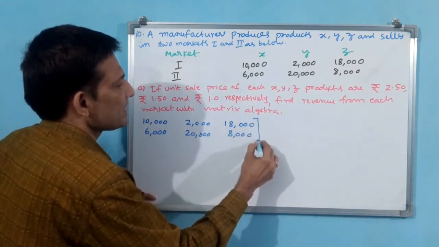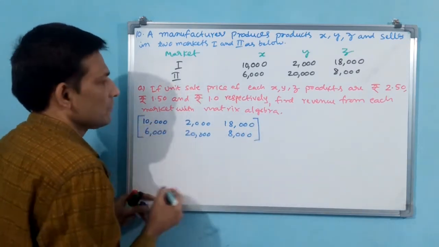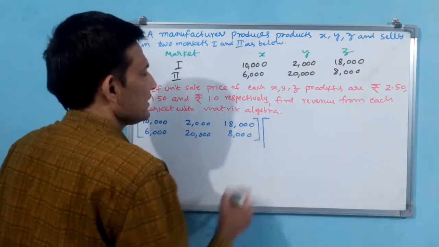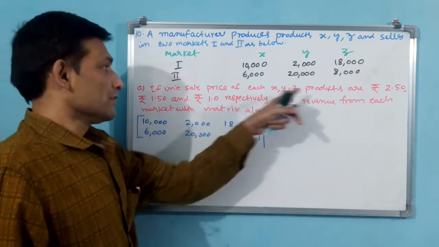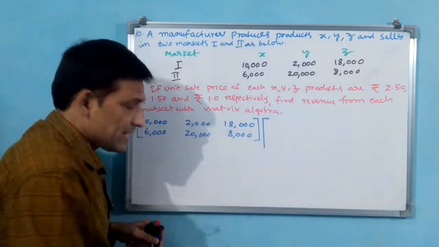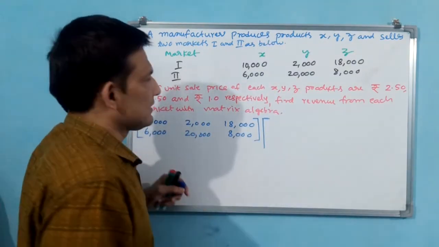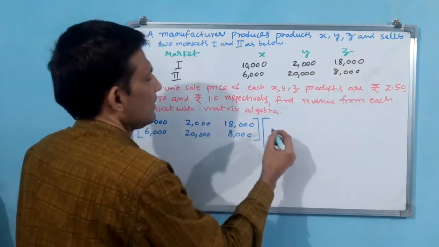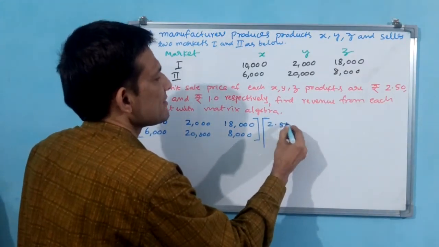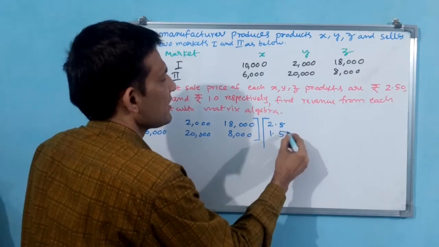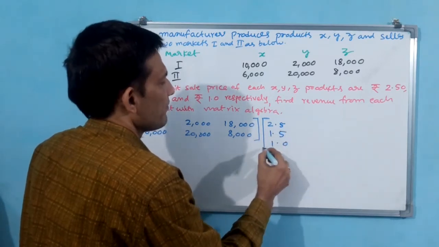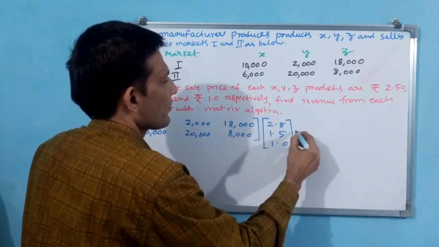This is one matrix. The next matrix: the selling prices you have to take in column form always. Take 2.5 rupees, 1.5 rupees, 1 rupee.